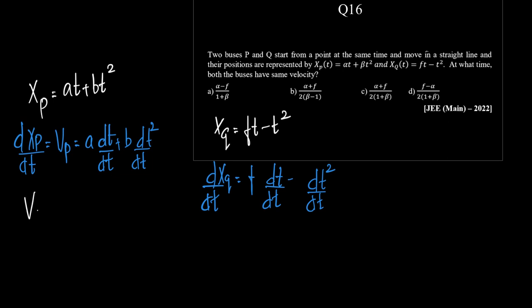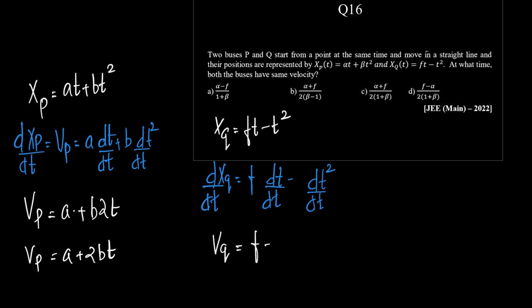So what is Vp equal to? Vp is equal to a into d by dt of t, which is 1, plus b into d by dt of t square, which is 2t. So Vp is a plus 2bt. Similarly, what is Vq? Vq is f minus 2t.